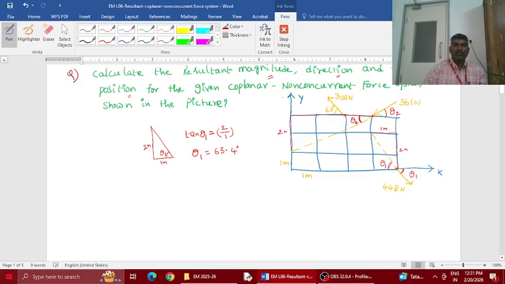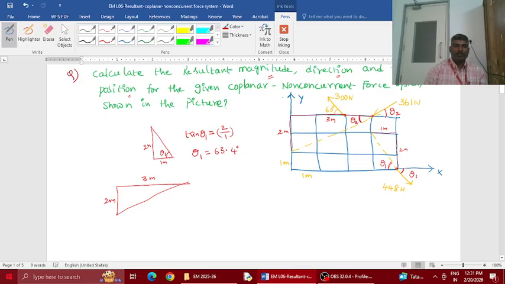This is 2 meters here and this entire thing is 3 meters. I'll write it aside: this is 3, this is 2.